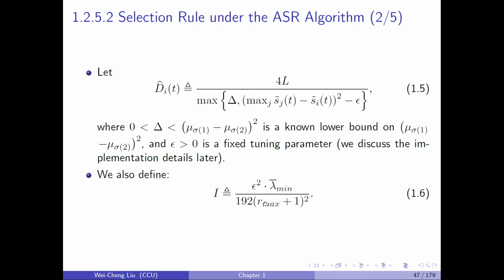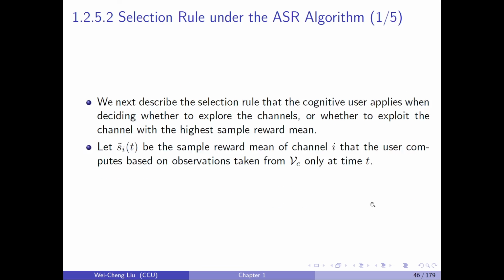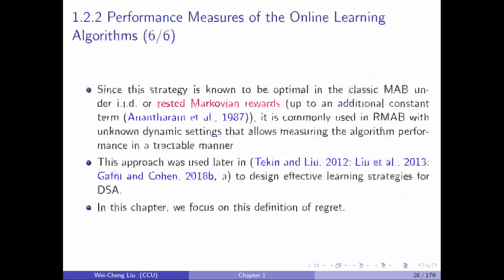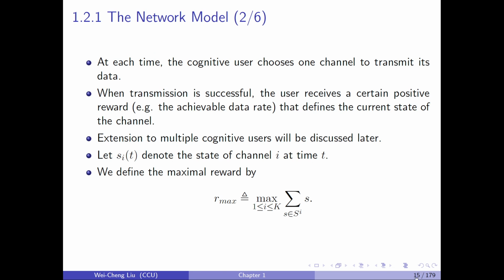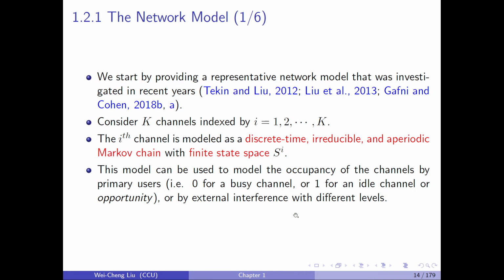What is R max? Let us review it. On page 15, we defined the maximum reward R max as the maximum of the summation of small s, where s is in capital SI, and I is greater than or equal to 1 and smaller than or equal to K. What is capital SI?